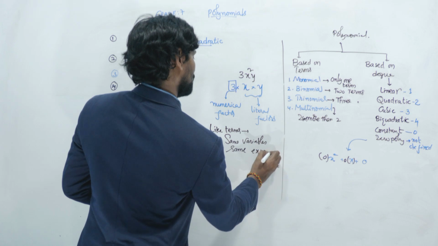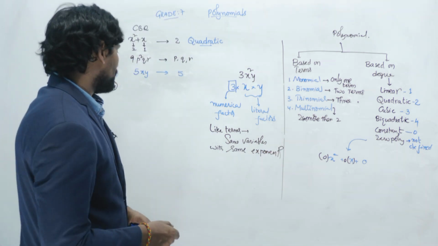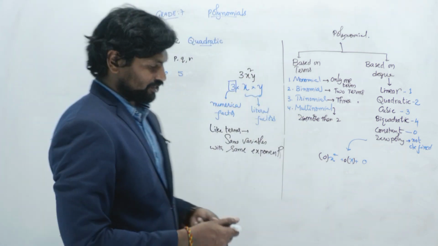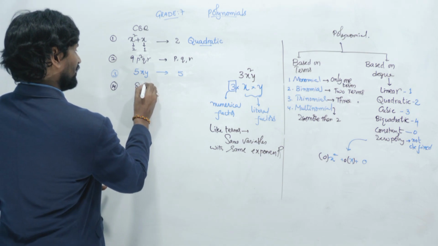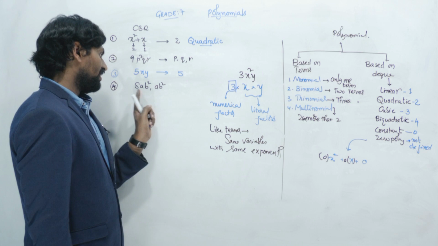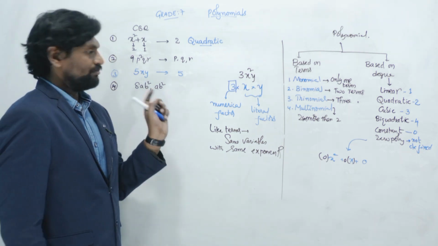Variables means letters. They are called like terms. Now coming to the options, first option 8ab square, ab square. Here the variables are ab, here also ab, with b square. Yes, it is a like term.